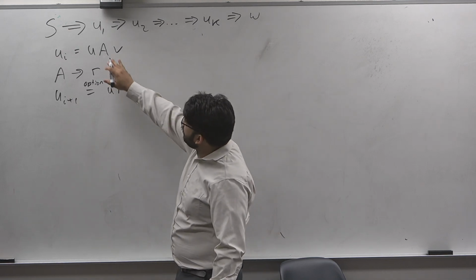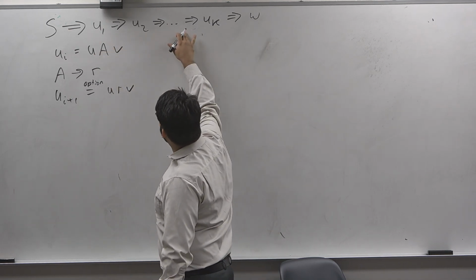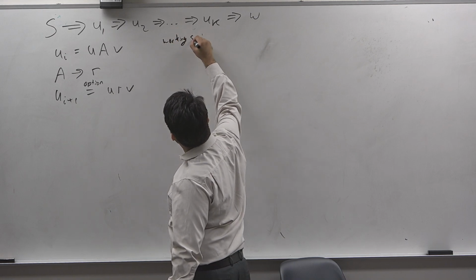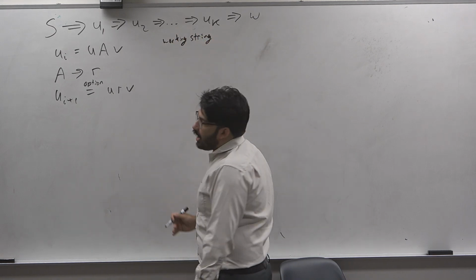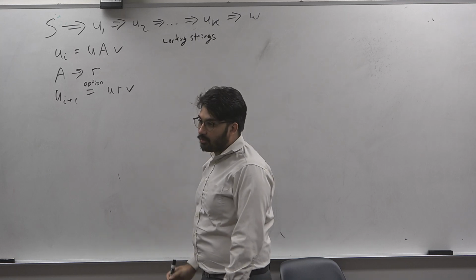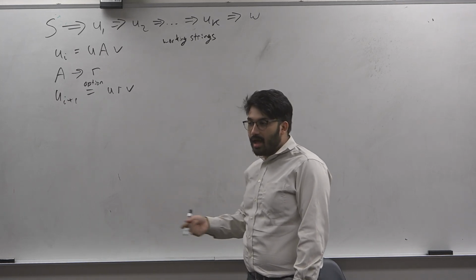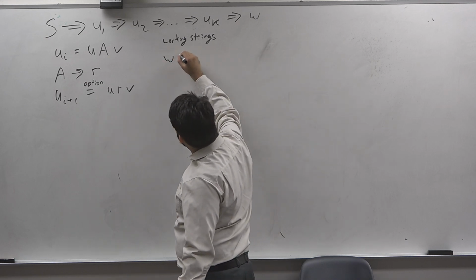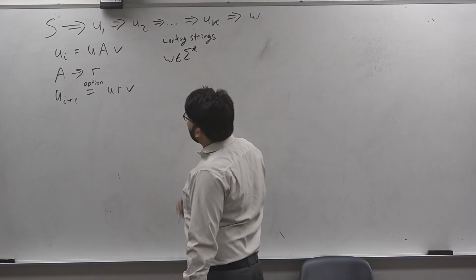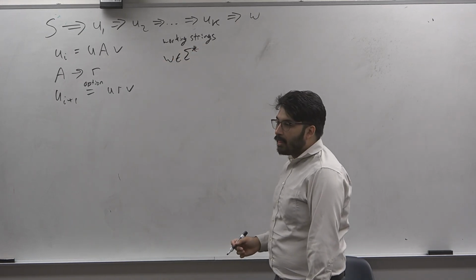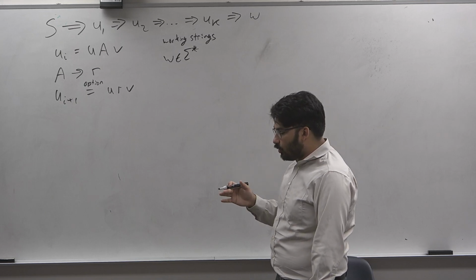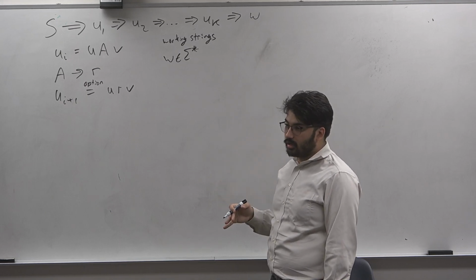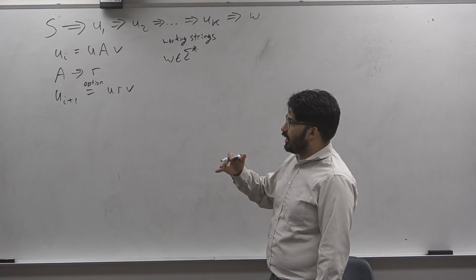So what happens here is we call U1, U2, and so on, working strings, where they contain some combination of terminals and non-terminals. And we repeatedly apply productions until we get W. And W is in sigma star. It's not a working string. It is our termination condition. Notice that we have to repeatedly apply productions until we have no more non-terminals in our working string, which basically means we only have terminals.